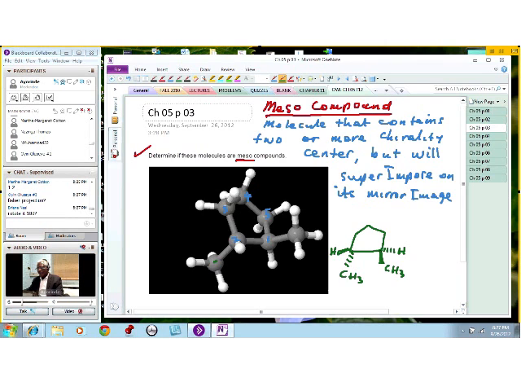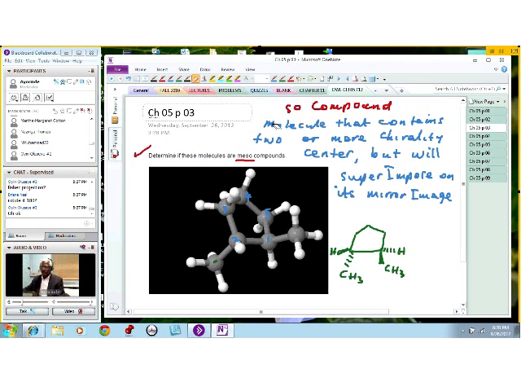But in this case, we may want to look at whether the mirror image of this molecule will superimpose on itself. Keep in mind that is the absolute requirement for whether a molecule is chiral or not. Let me erase this.